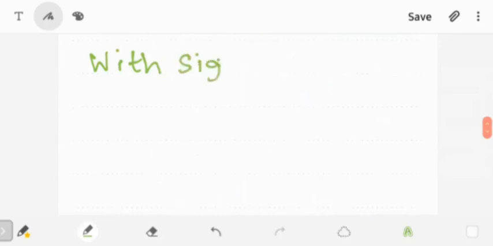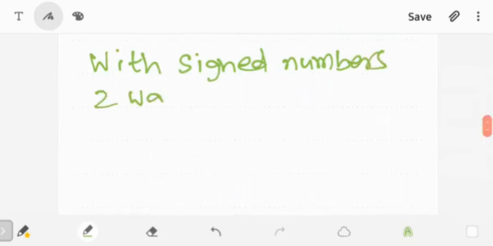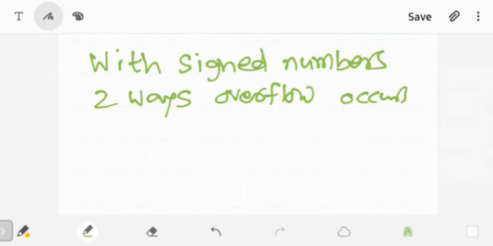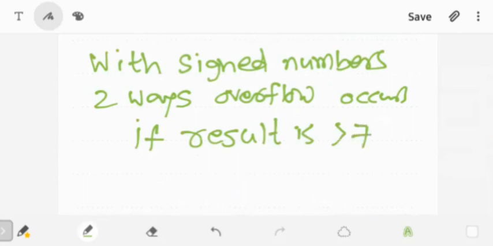Okay, with signed numbers, two-way overflow will occur if the result is greater than 7 or the result is less than minus 8.